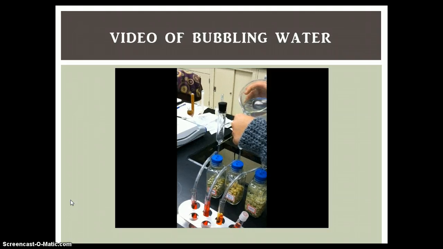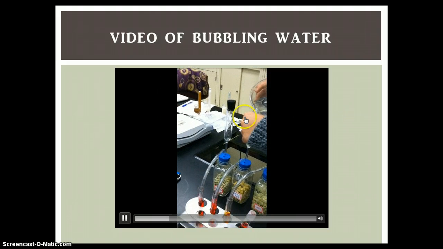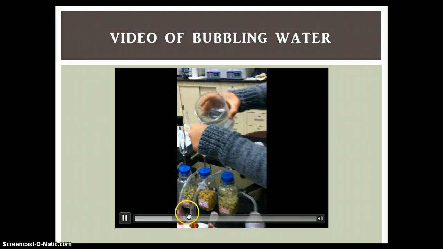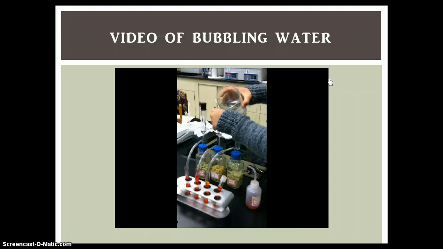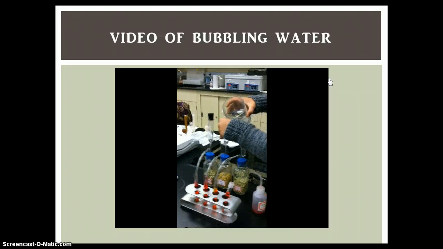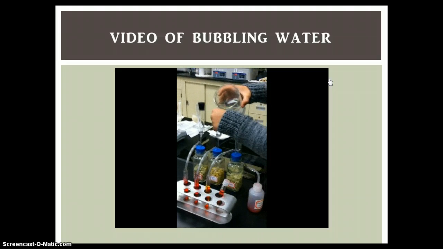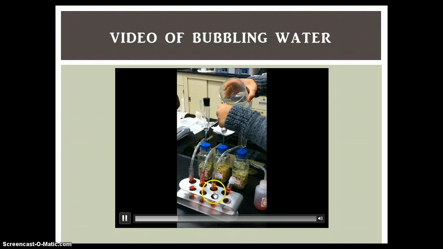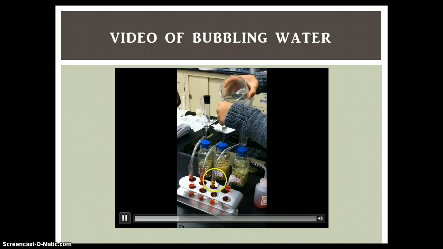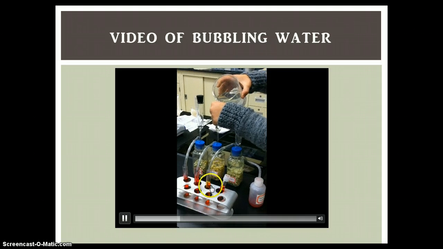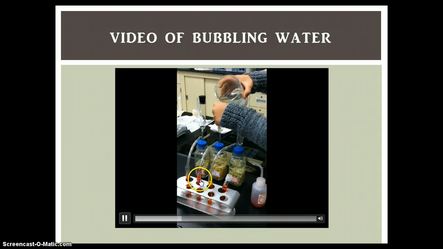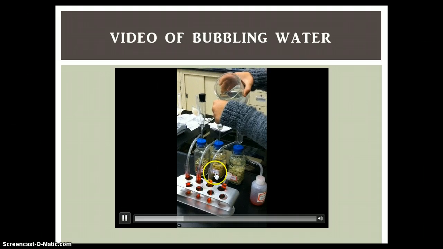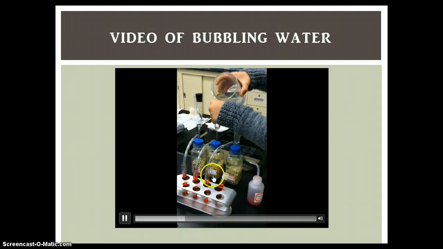As you can see here, we're adding the water. Here's the carbon dioxide bubbling. You can already see this one had the germinated peas. It turned yellow. This one looks like nothing is happening. This one had the boiled peas.